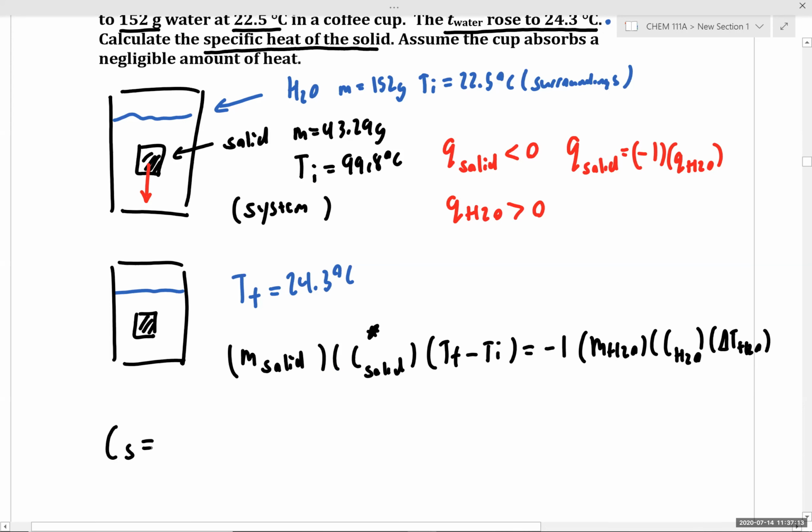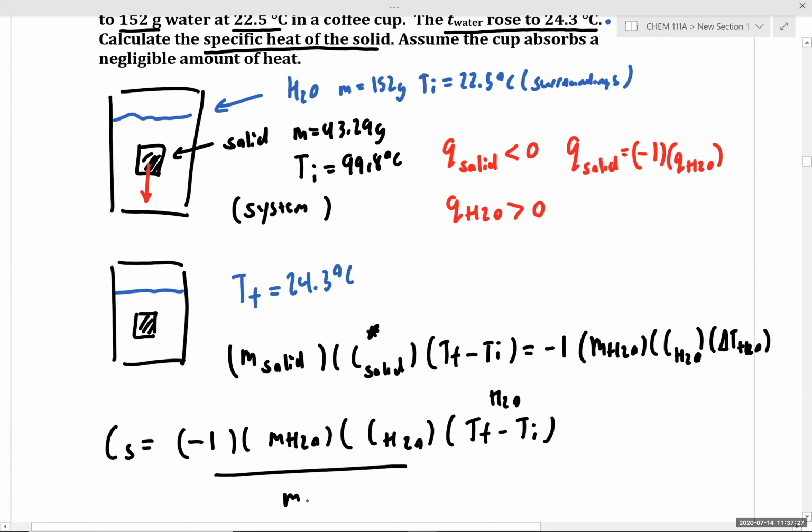So the specific heat of our solid is -1 times the mass of water times the specific heat of water times T final minus T initial for water, over the mass of our solid times T final minus T initial for our solid.